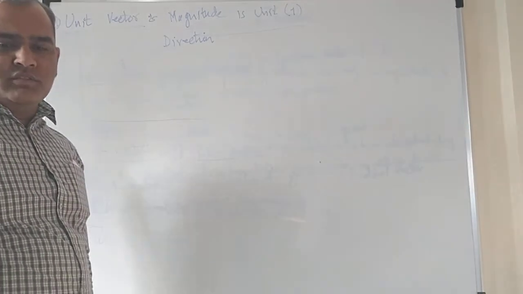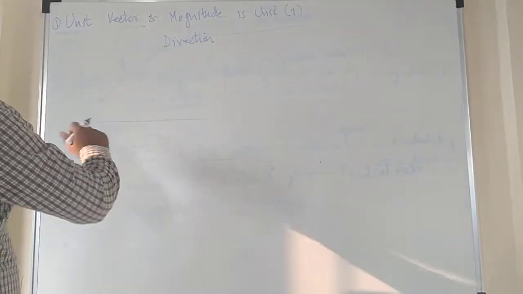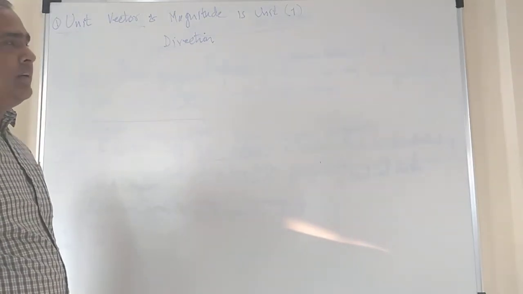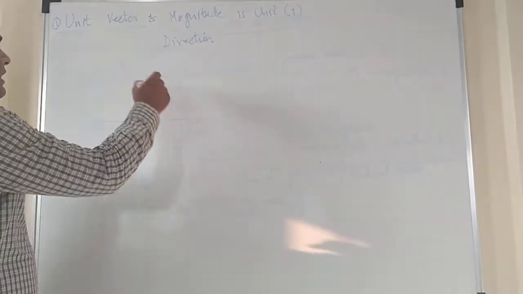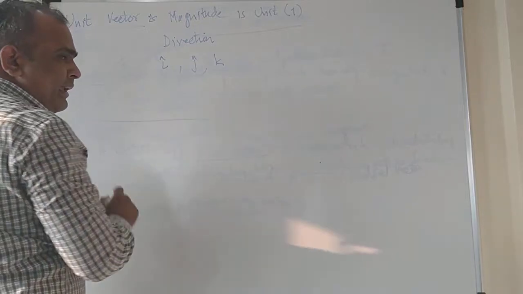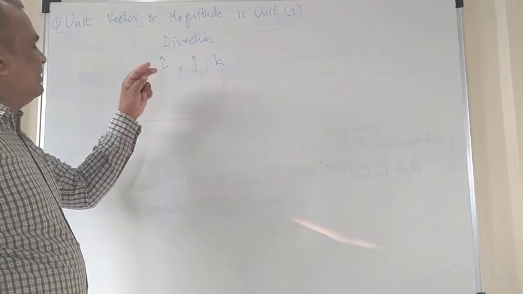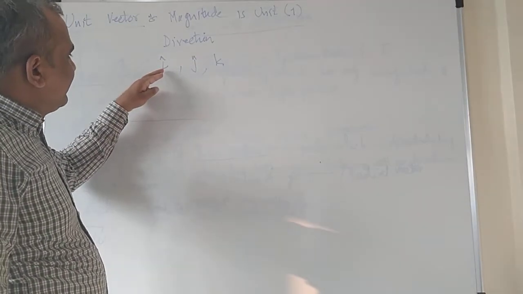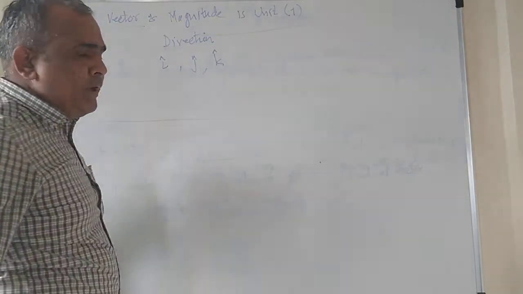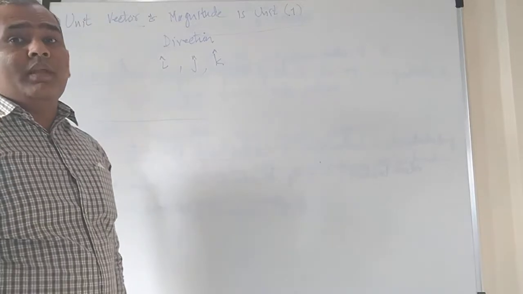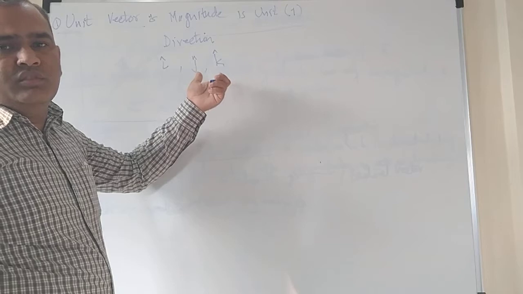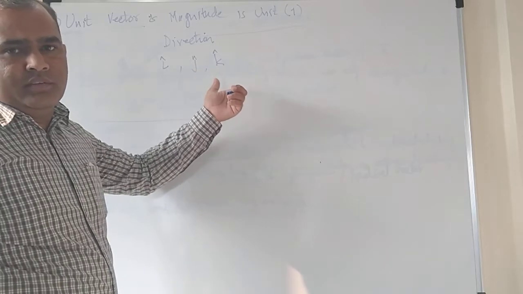This kind of vector is called a unit vector. Now for example, coordinate axes x, y and z, and their unit vectors are represented with letters i, j, k, and the symbolic representation is read as i cap, j cap and k cap. So wherever you find the cap over the vectors, those are unit vectors. This notation is used to represent the unit vectors.